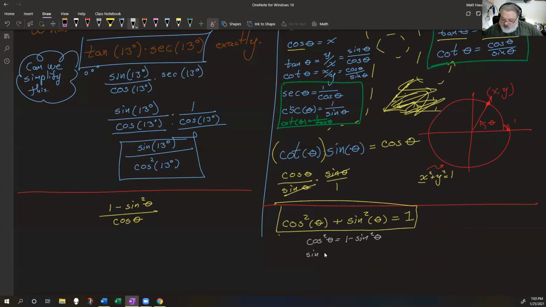That also means we can always replace sine squared with 1 minus cosine squared if we wanted to. So here, what's 1 minus sine squared equal to?